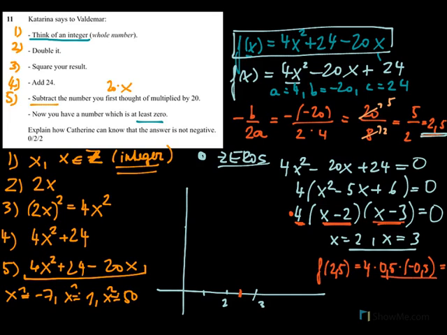So this gives me 4 times 0.5 times negative 0.5, which is negative 1. So the minimum point for this function is at negative 1. This is the vertex. We'll use some color so that it's clearly visible.